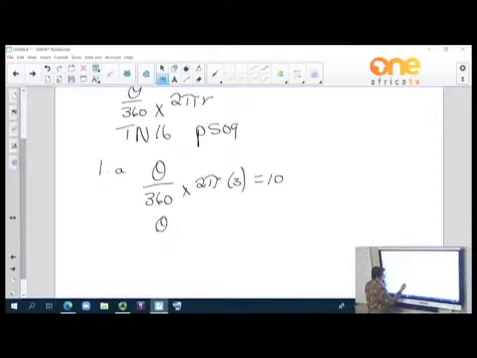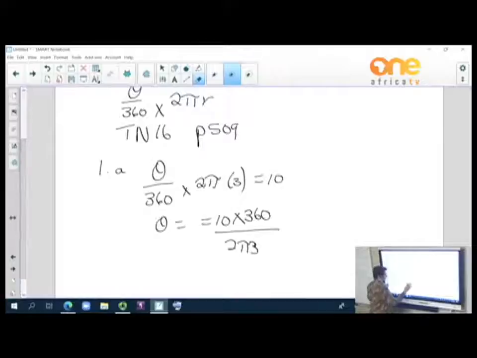So I can say that theta is equal to, here I divide by 360, so you're going to times by 360. Here you times, so then we are going to divide. And we also looked at the use of pi on our calculators. It's the answer then of that angle.